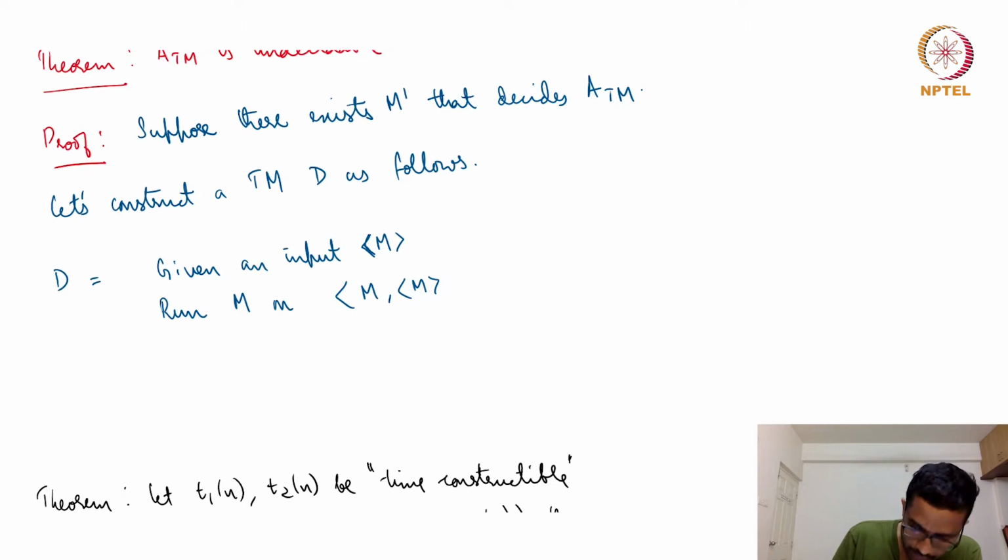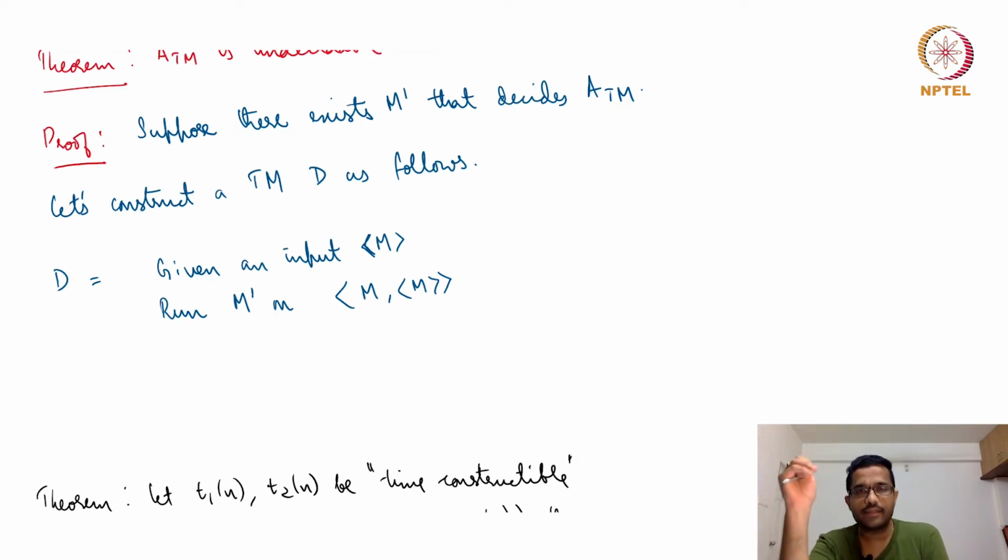we run M prime on this. So M prime is a decider for ATM, which means it is given a Turing machine and a string, and it's asked to decide whether this Turing machine accepts this string, right?